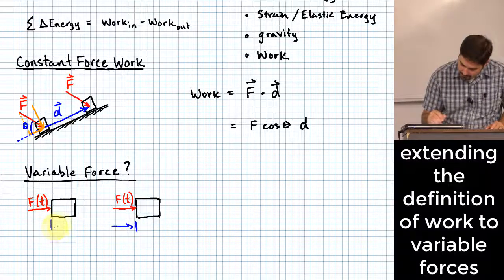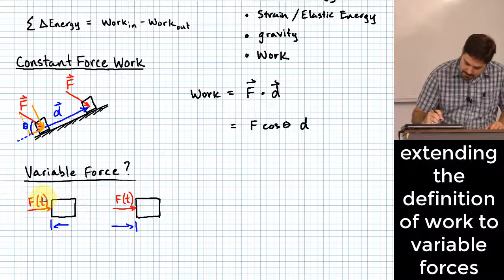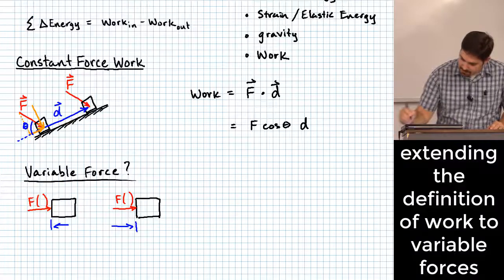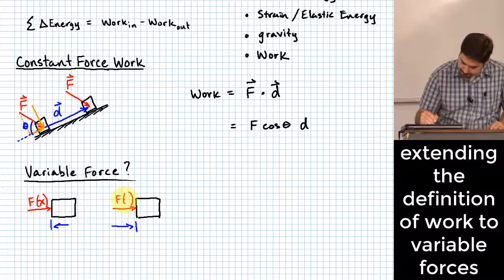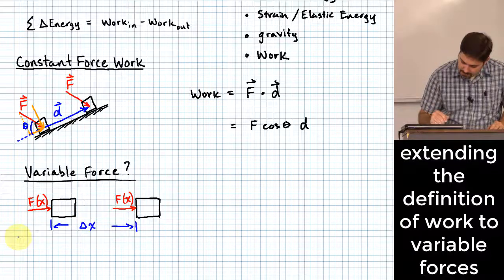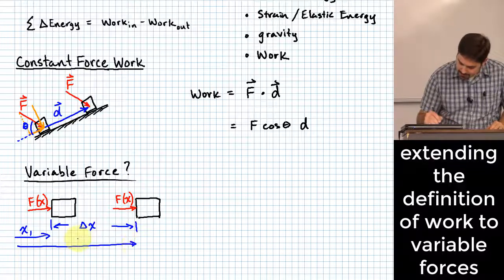Actually, the easier one to explain is if this is a function of position. So let's say this is a function of x, and we'll say this is delta x. That means we started out at x1, and we're going to another x.